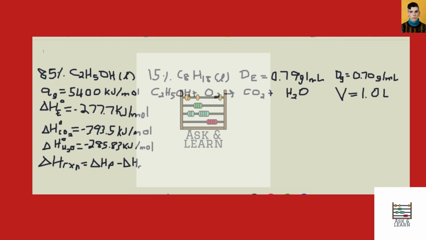So first we have to balance those equations. We have 2 carbons here, so we need a 2 here, we have 2 waters here, we have 6 hydrogens over here, so we have to have 3 times 2 is 6. Now we have 7 oxygens on this side. We have 3 on this side.